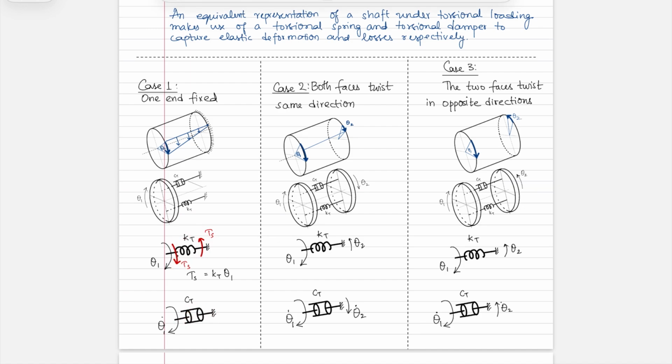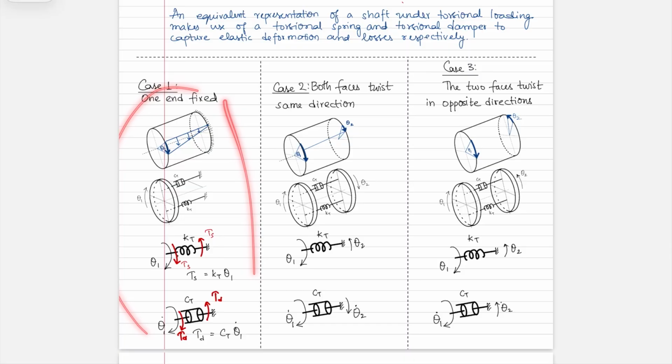And similarly for the damper, you have tau d is equal to Ct θ1 dot. It is based on the first derivative of theta, the angular deflection. And here again, it would be experiencing tau d in the same direction, and it will be equal and opposite across the damper.